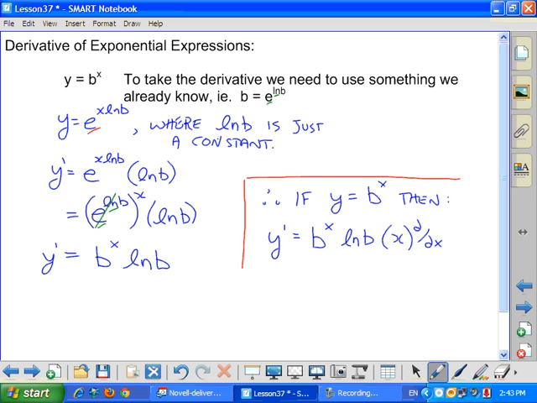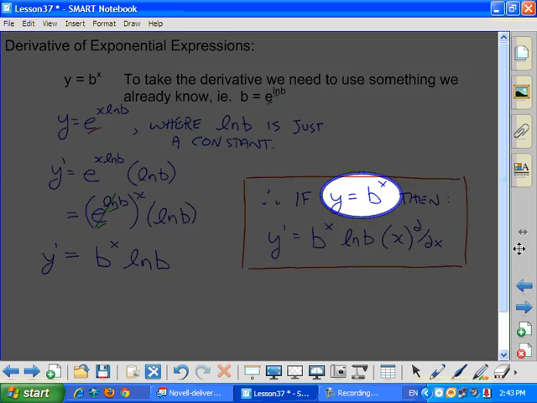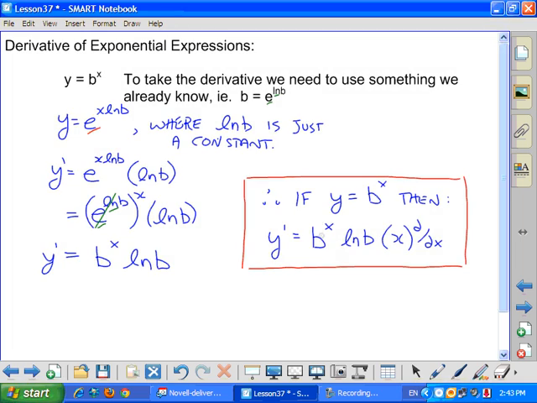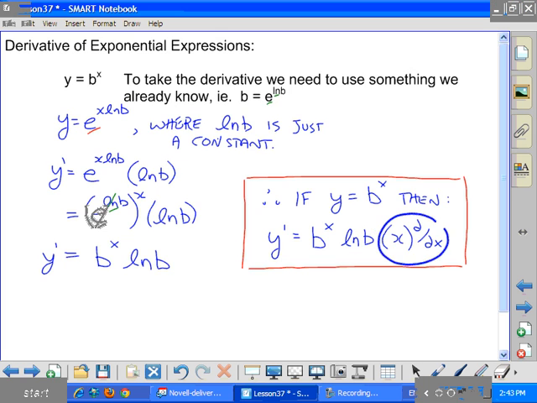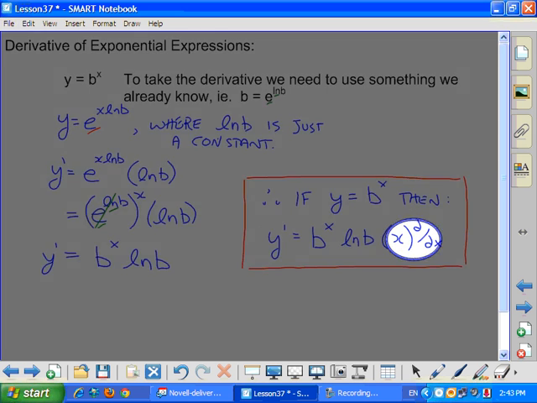So that is the rule for taking the derivative of an exponential function. So it's itself again. Here's the original function. The derivative is the original exponential expression, always ln of the base, and then take the derivative of the exponent. And it's all being multiplied together.